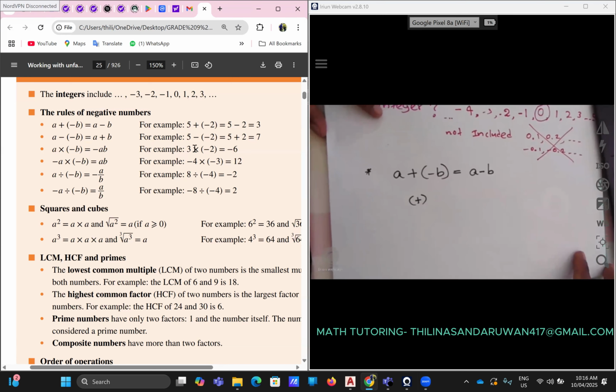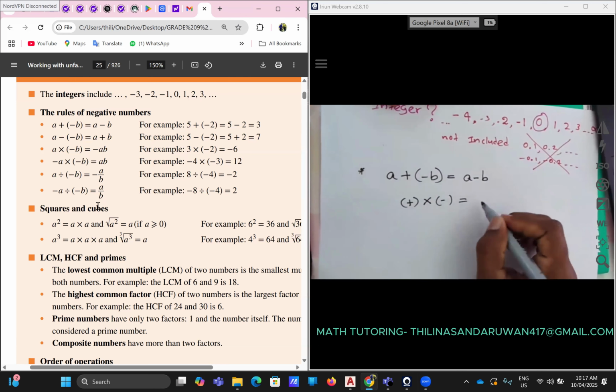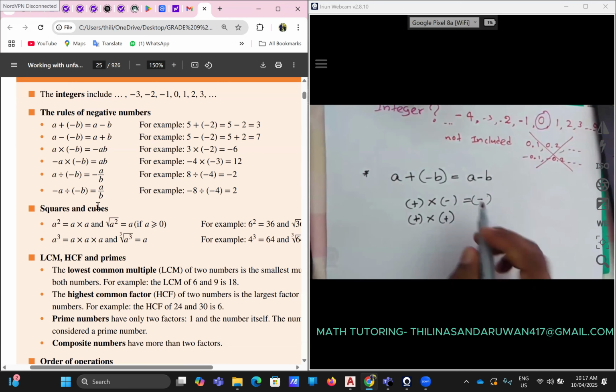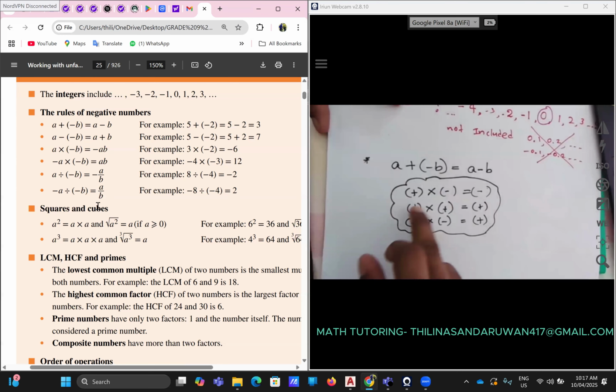I was saying that when you multiply a plus number and a minus number, you finally get a minus number, right? When you multiply two plus numbers, it will be a plus number. And if you multiply two minus numbers, it will also be a plus number. These are the key things you must know when you do the exercises.